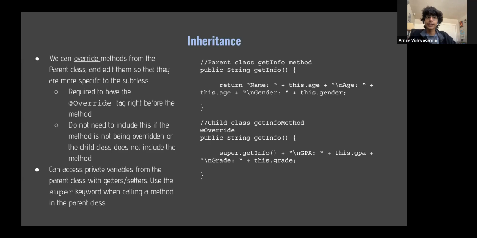We do super.getInfo, which calls the method from the parent class with the super keyword and returns a string. Then we concatenate that string with new additions, such as the GPA and the grade at the end of it. That returns a different string in addition to the string we had from the parent class.